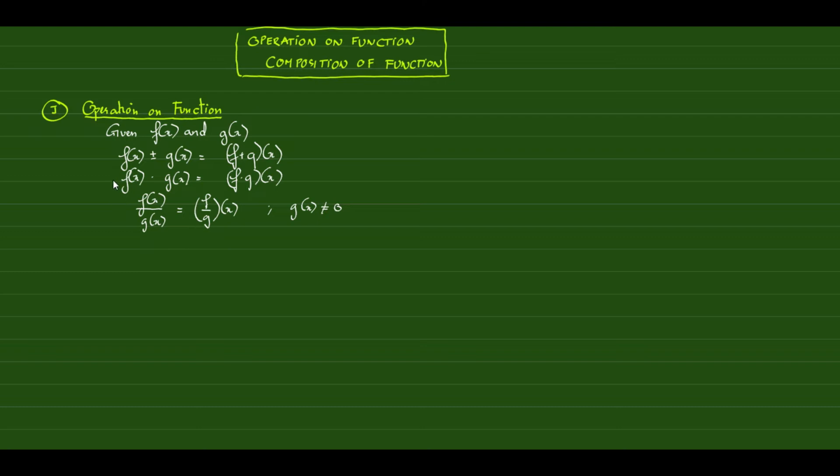Now let me give you an example. How about the domain and range? Of course, the domain and range of these will sometimes be similar to f, sometimes similar to g, and sometimes totally new.